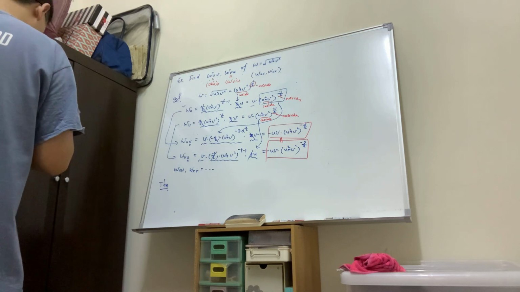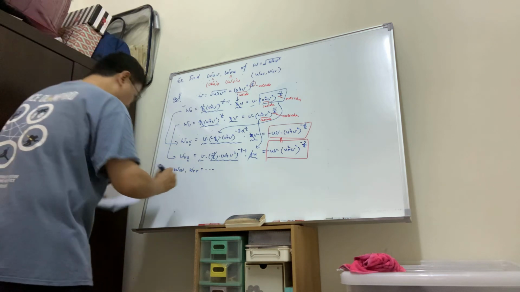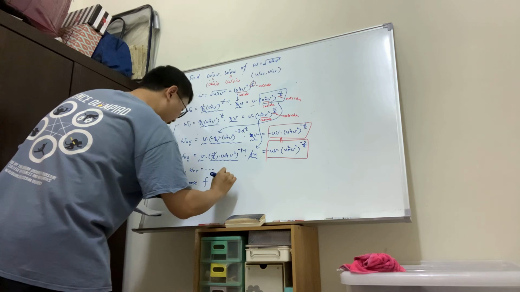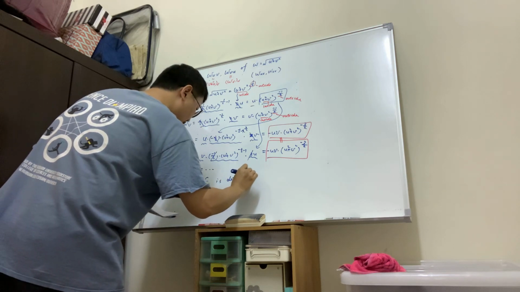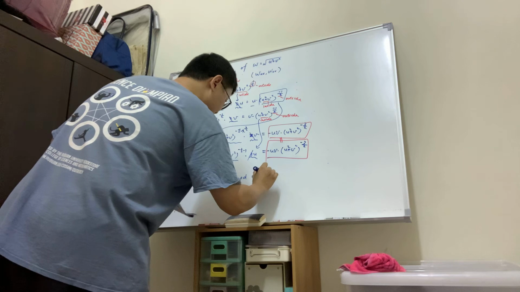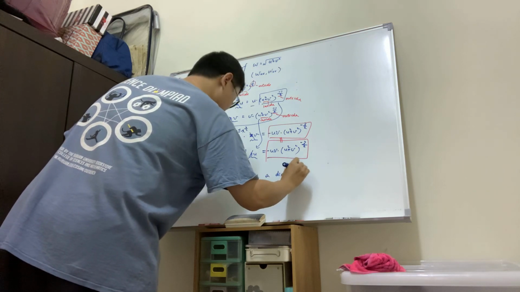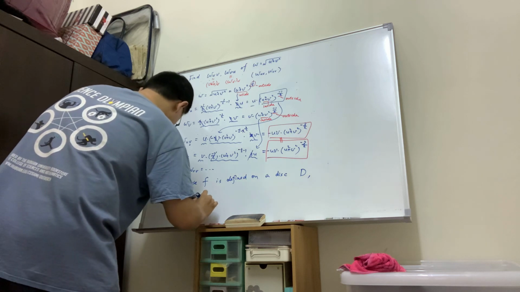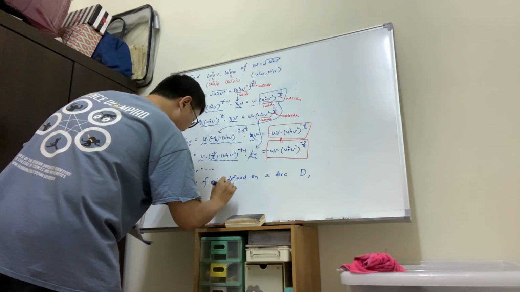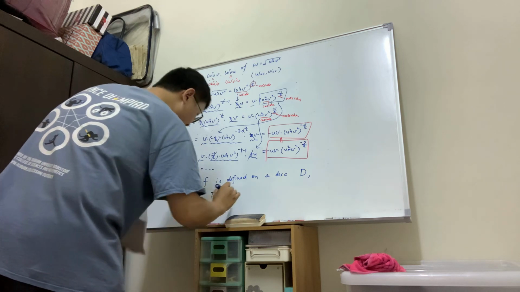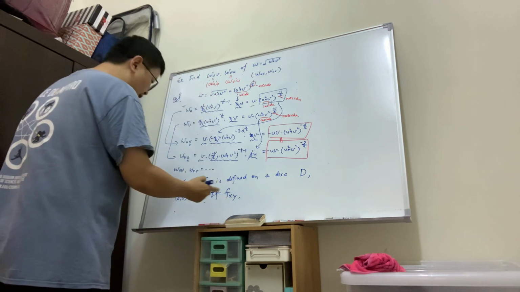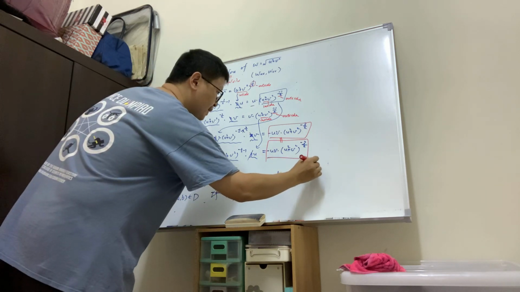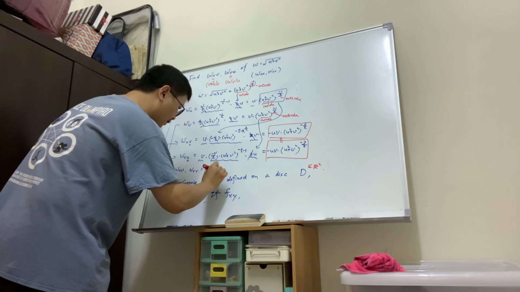So suppose f is defined on a disk D, and the point (a, b) belongs to the disk D. Then the function f has two variables x and y. I mean, D is in R2 space, so it has the two variables x and y.